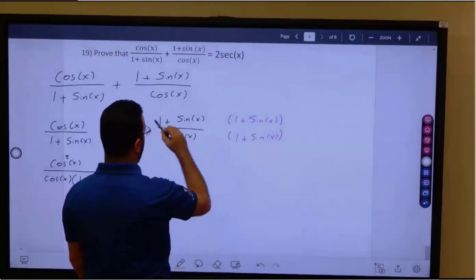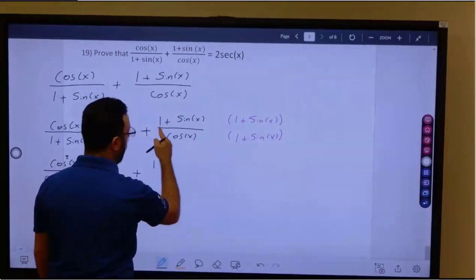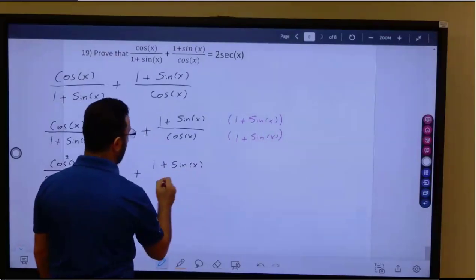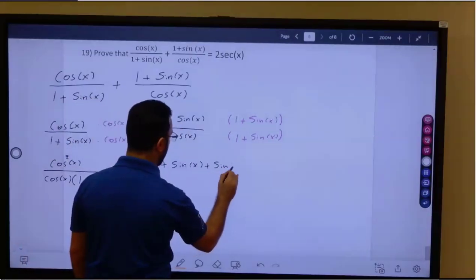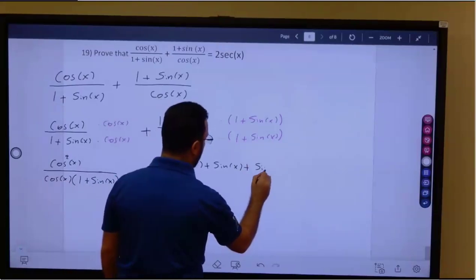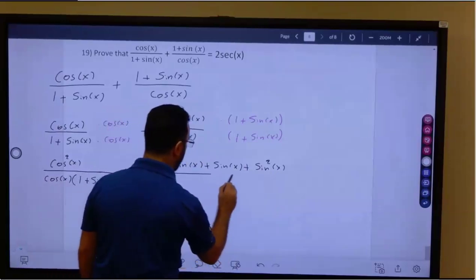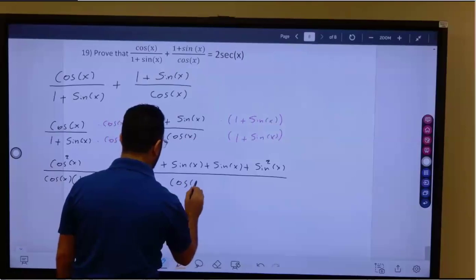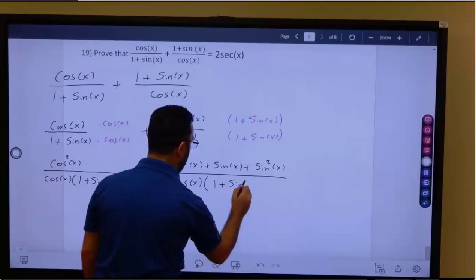On the top, I have to FOIL it. 1 times 1 is going to be 1. 1 times sine x, plus sine x times 1, another sine x, plus sine squared x. And everything is divided by, keep exactly the same thing, cosine x, 1 plus sine x.